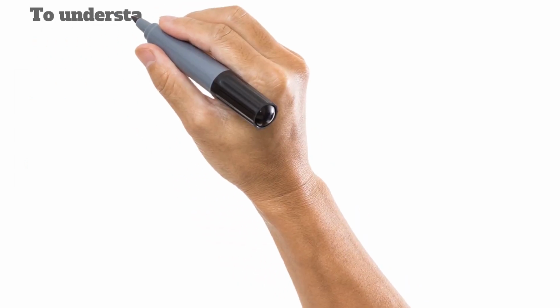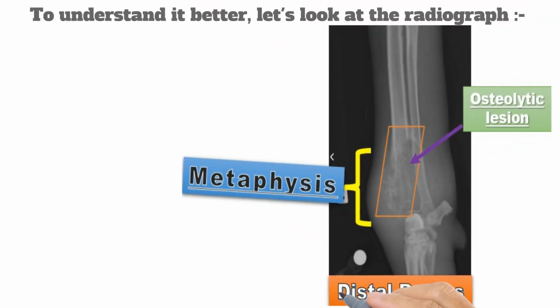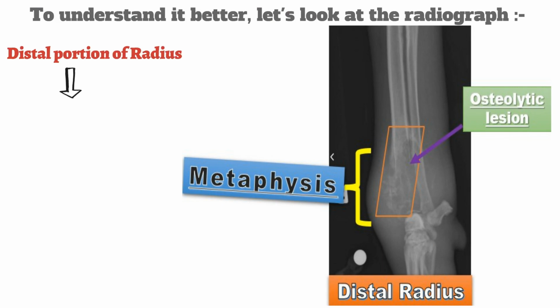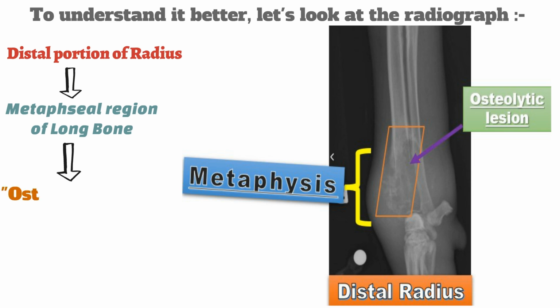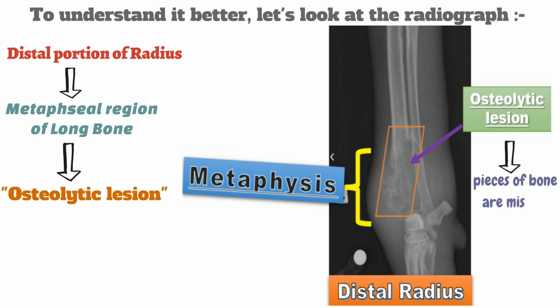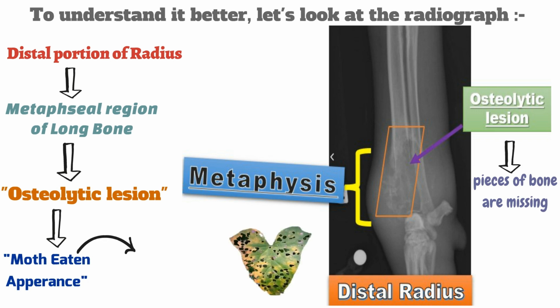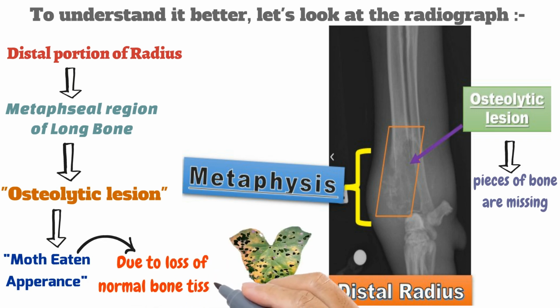To understand it better, let's look at the radiograph. As you can see on the radiograph, the distal portion of the radius, that is the metaphyseal region of the long bone, is clearly showing an osteolytic lesion, meaning pieces of bone are missing, of course due to the osteosarcoma tumor. And it gives a moth-eaten appearance, exactly as you can see in the picture, due to the loss of normal bone tissue.